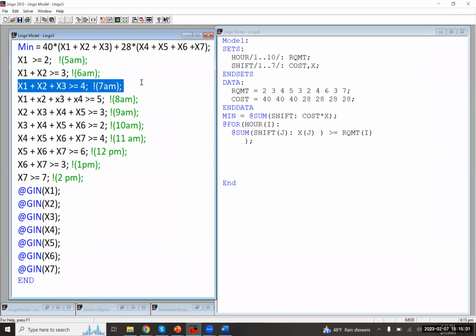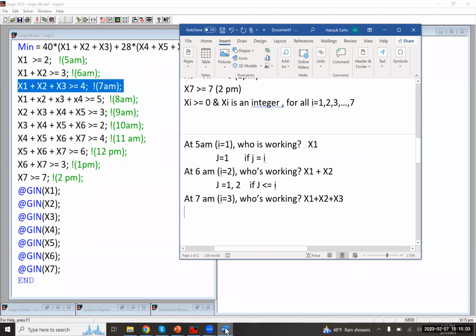At 7 a.m., this condition still works, right? j is less than or equal to 3. In a way, j can take 3 different values, 1, 2, and 3, if j is less than or equal to I.